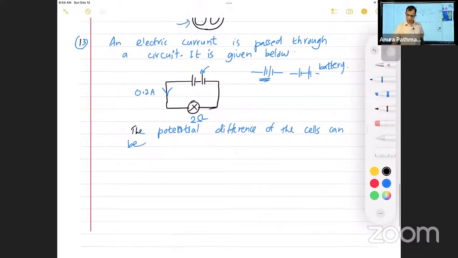So use Ohm's law, V equals IR, and we are asked for V. I is given as 0.2 amperes, and R is 2 ohms. The answer is 0.4 volt.